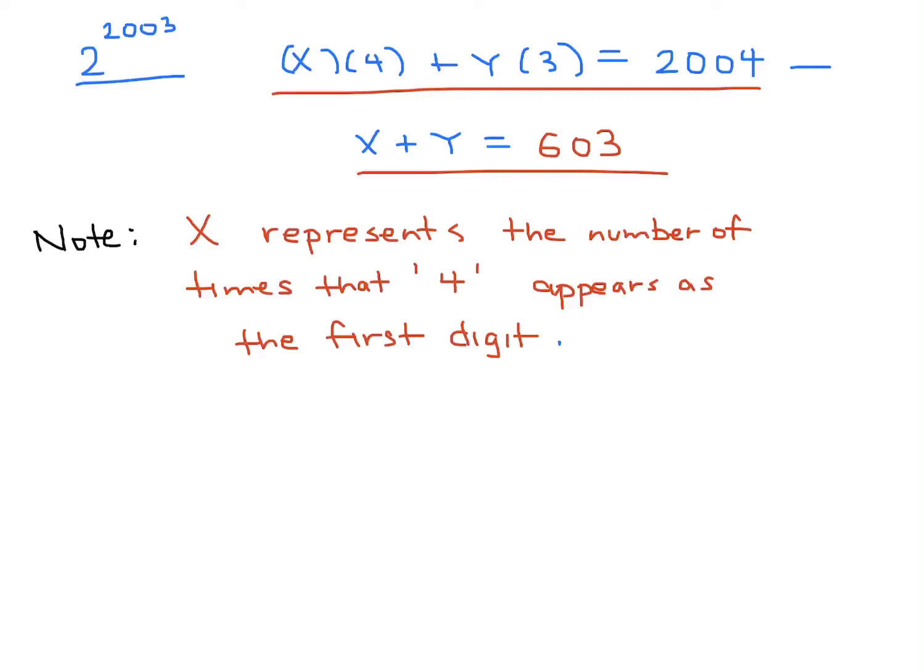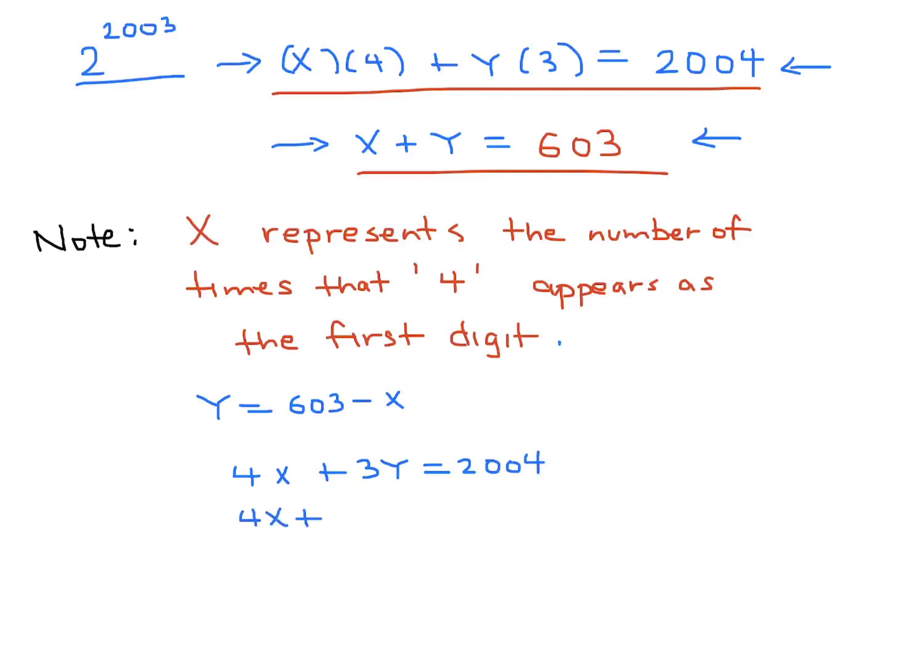So let's use these two equations to solve for x and y. From this one, we get that y is equal to 603 minus x. We can substitute that into 4x plus 3y equals 2004. 4x plus 3 times (603 minus x) is 2004. So 4x plus 1809 minus 3x is 2004.